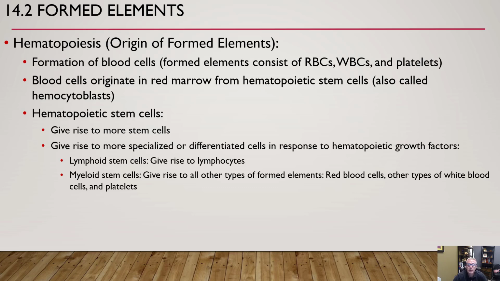So we have these lymphoid stem cells that are going to give rise to lymphocytes, and we have myeloid stem cells that are going to differentiate into red blood cells and other types of white blood cells and platelets.